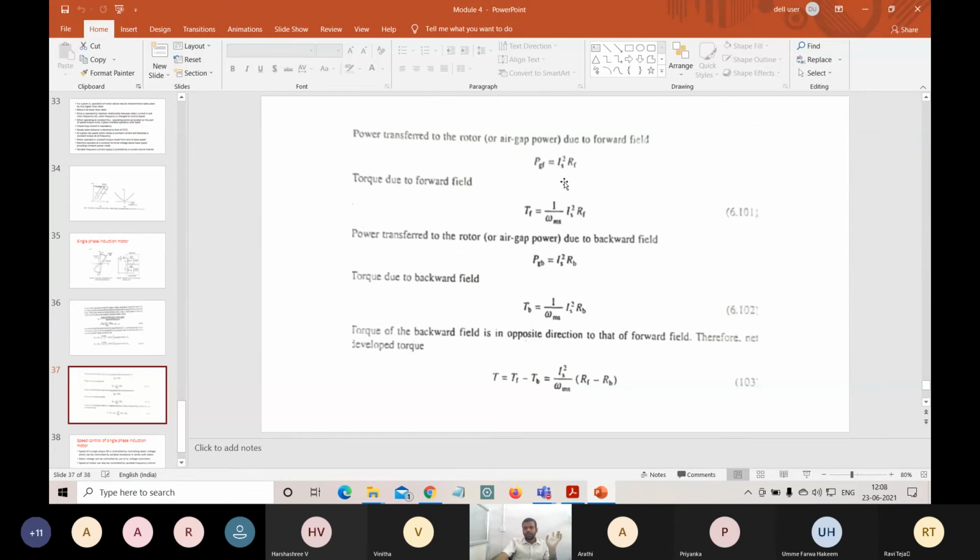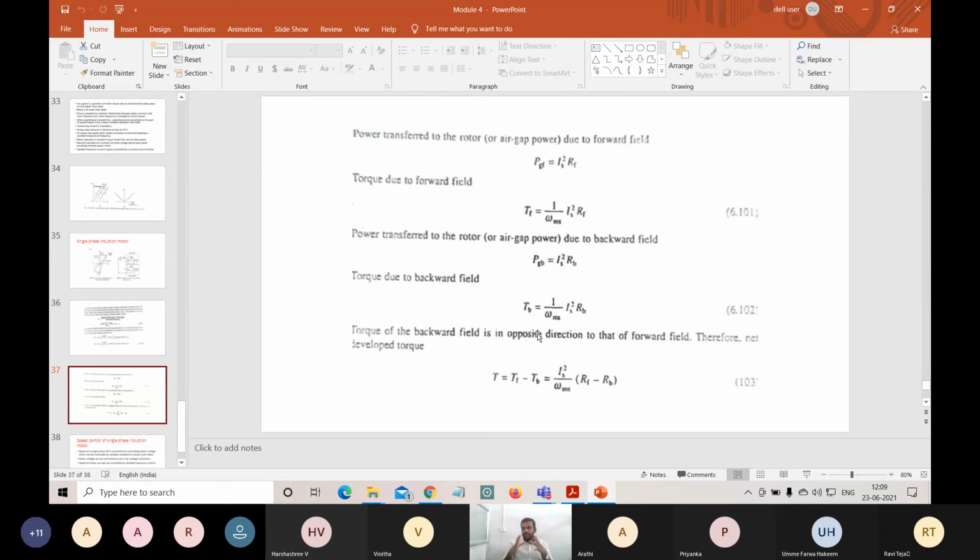So these are your, similarly, in 3-phase induction motor we used the same equations for single phase induction motor also. But here we are taking into consideration the field, we divided it into forward field and backward field. Okay. So why did we divide it? Why are we dividing the induction motor field into forward field and backward field?